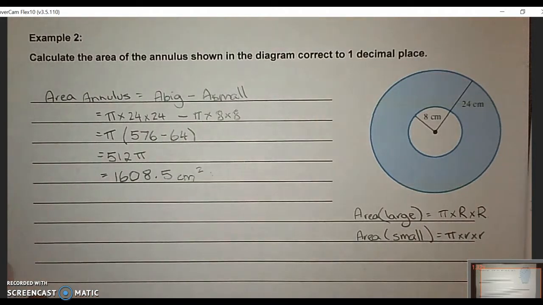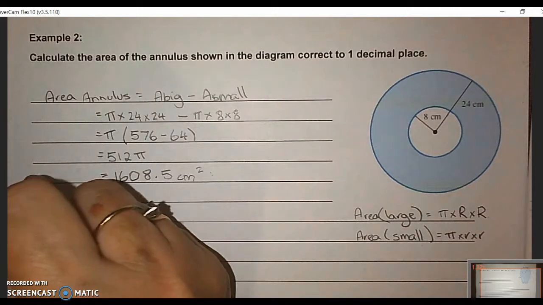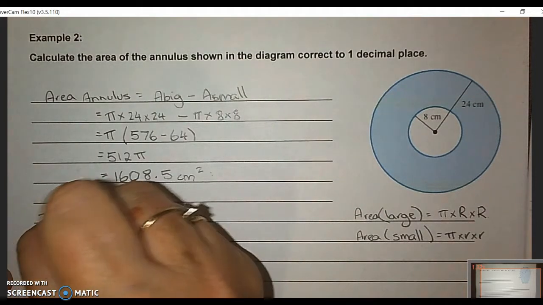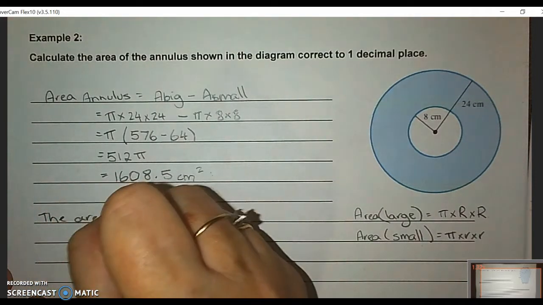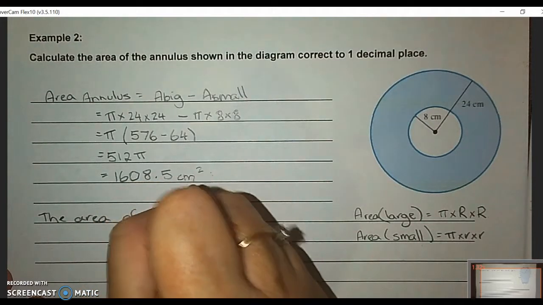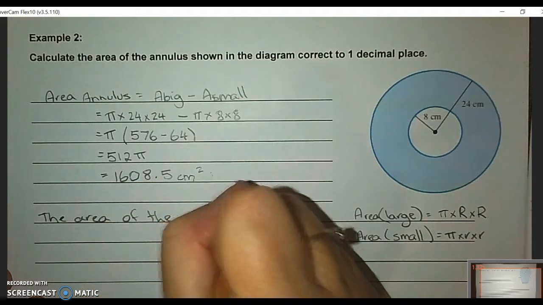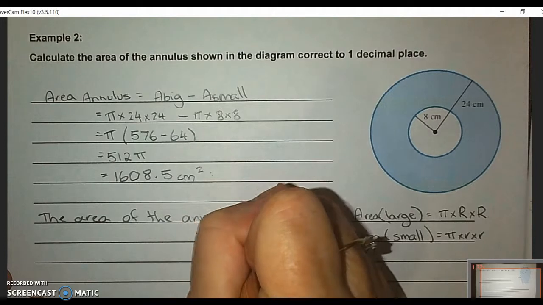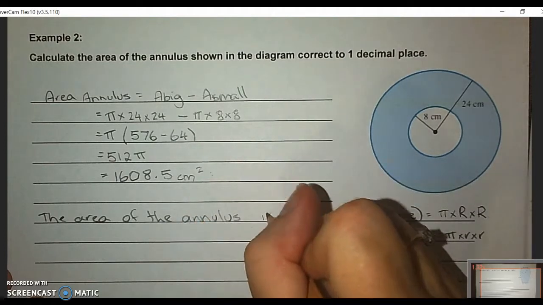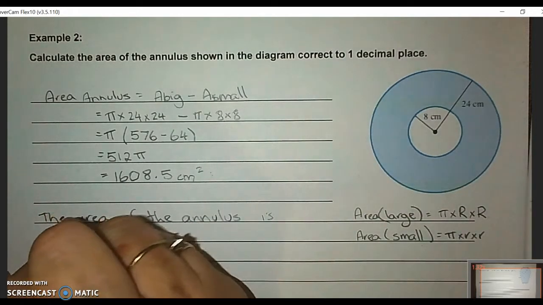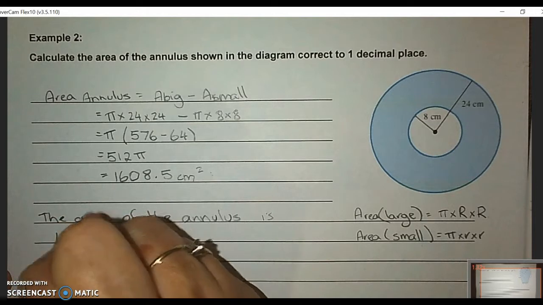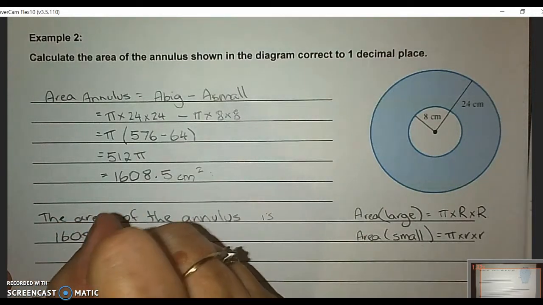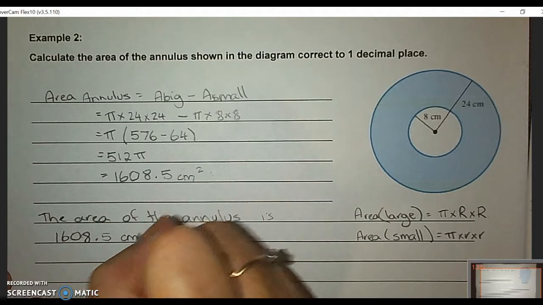So we put our answer in words. The area of the annulus is 1,608.5 centimetres squared.